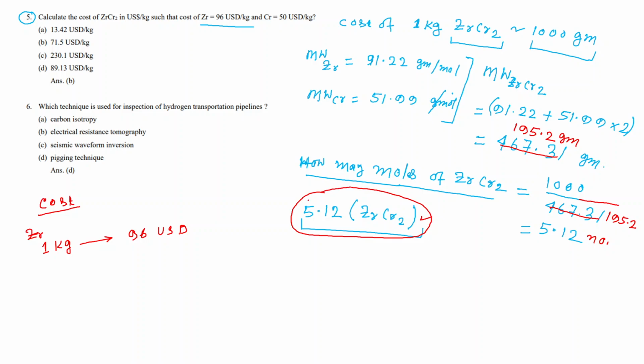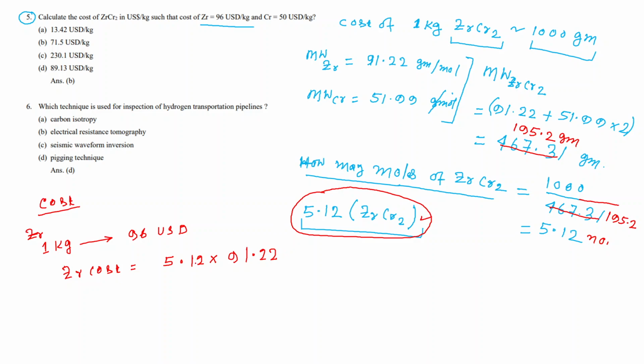For that calculation, or in other words, the same mole of Zr and the same mole of chromium. Because the Zr cost will be 5.12 multiplied by the Zr molecular weight, that is 91.22, this much in gram.